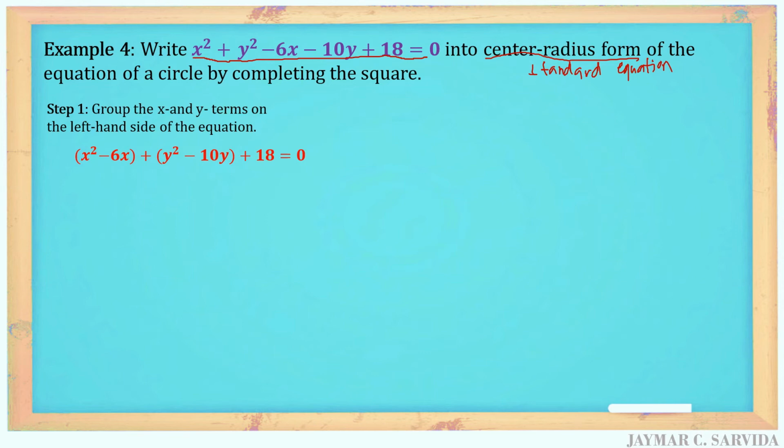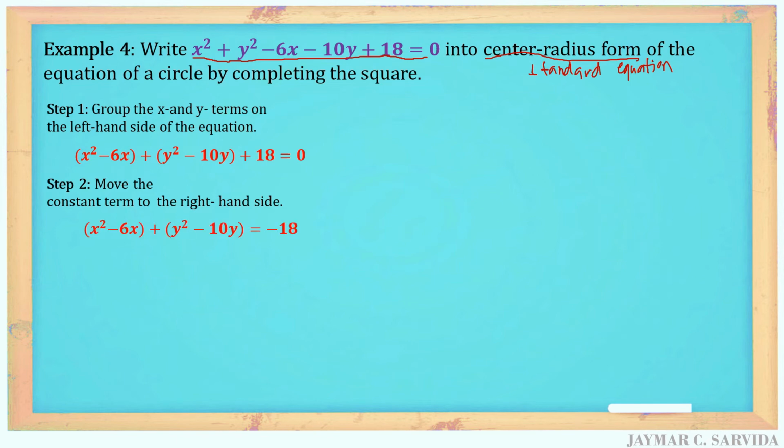Okay, next is move the constant term to the right-hand side. Dito class, kapag nag-move ka ng ating term galing sa isang particular na side papunta sa ibang side, be careful of the sign of the constant term. From the left-hand side ng ating equation, ilalagay natin siya doon sa right-hand side.